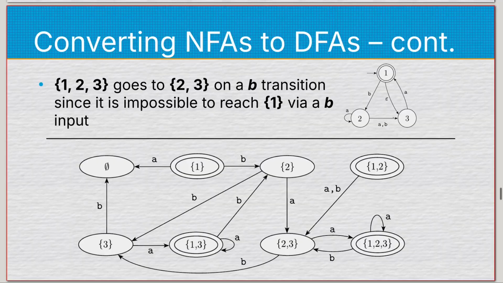That is because there's no way to get back to 1. So 1 goes to 2 on B, 2 goes to 3 on B, but nothing ever points to 1 on a B input. So you can never get to 1 if you pass in a character of B.